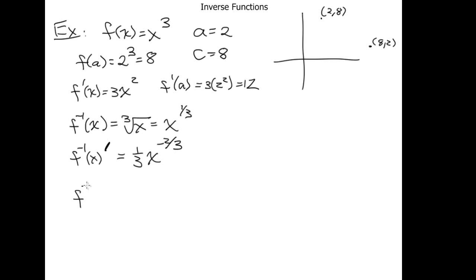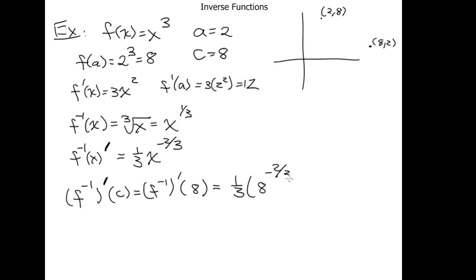And so let's compute f inverse prime of c, which is 8. That is to say f inverse prime of 8. And let's see, so that's 1/3 times 8 to the minus 2/3. Okay, what on earth is 8 to the minus 2/3? Let's take it one step at a time. It's 8 to the 1/3, to the minus 2.